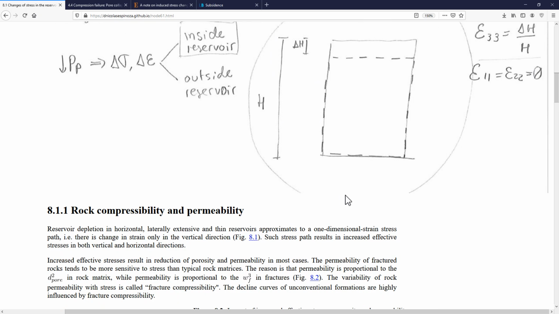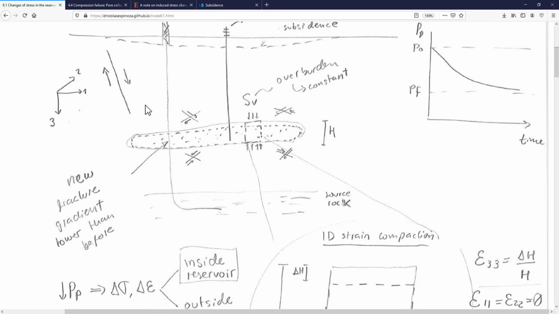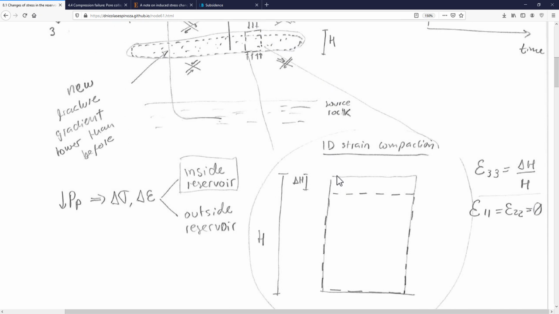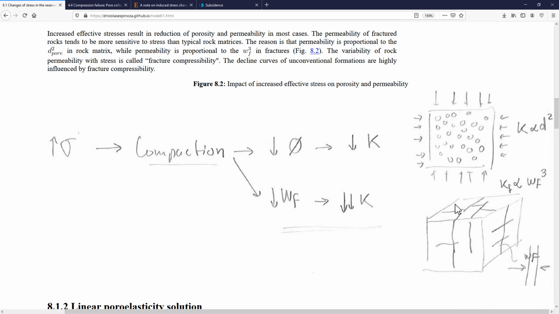And third, also we're going to have problems related to induced seismicity if the deformation is too much, or reactivation of faults that may not necessarily lead to seismicity, but that may lead to problems like casing shearing on some adjacent facilities.